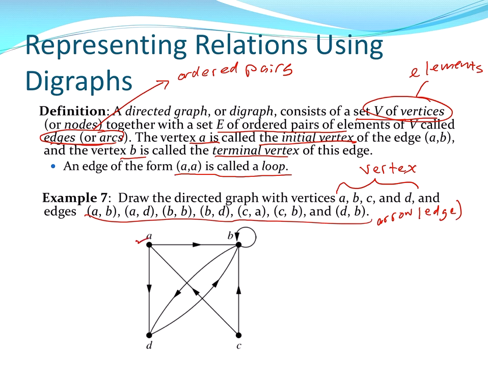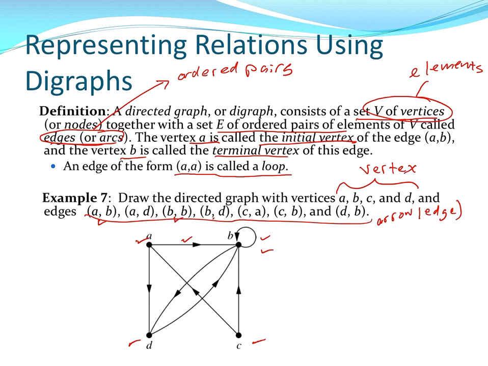So here are my vertices A, B, C, and D. And you can see that we have an edge going from A to B to correspond with the first ordered pair listed. Notice that B has a loop, and that goes with the ordered pair BB.